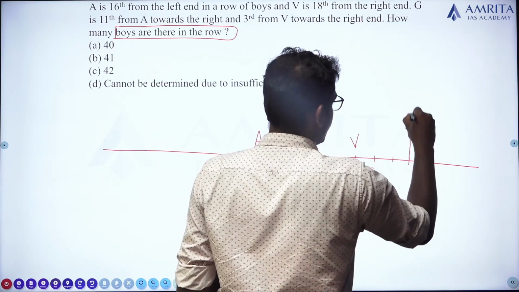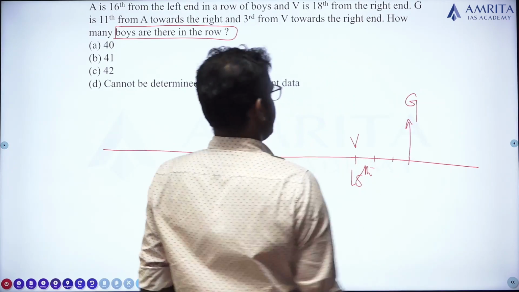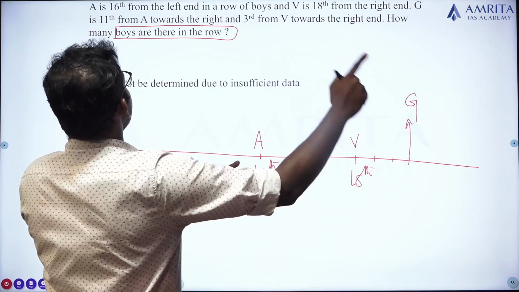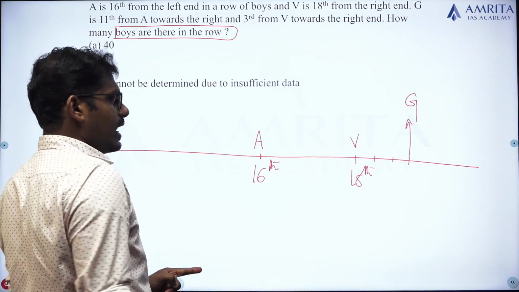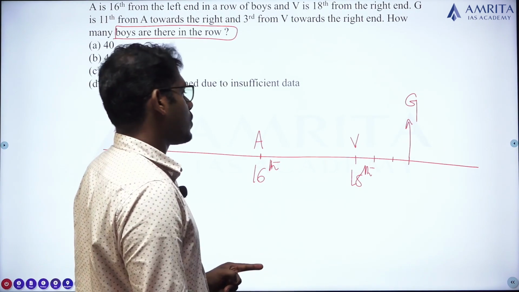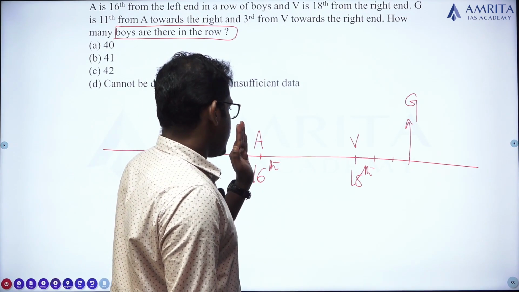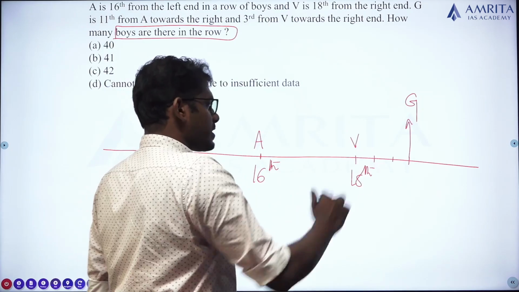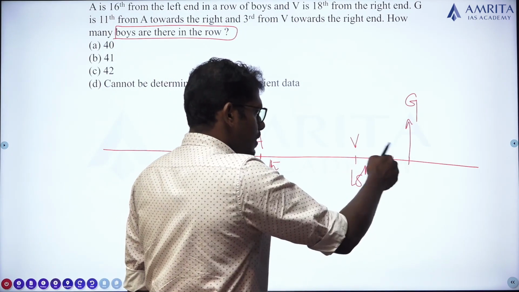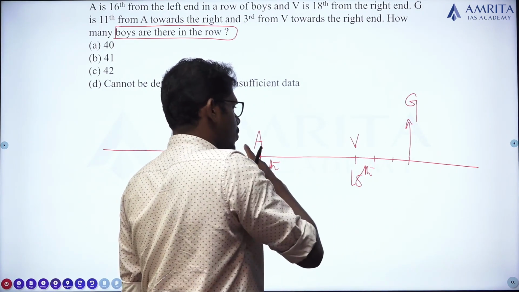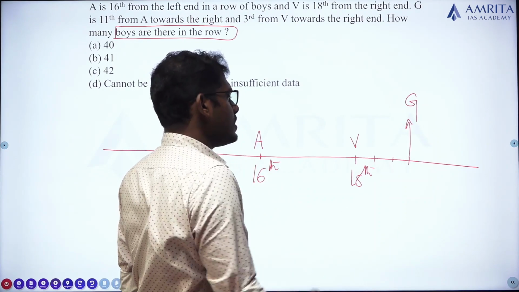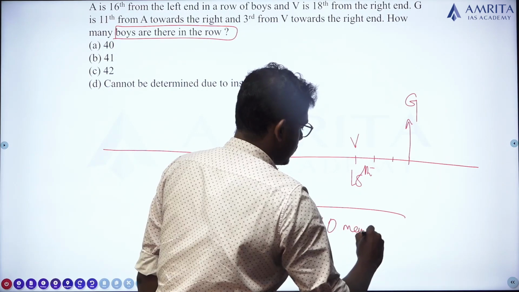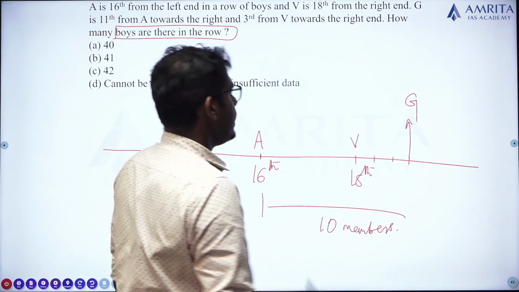So this is the position of G. G is 11th from A towards the right. 11th from A towards the right means that, excluding G, there will be 10 members in between.